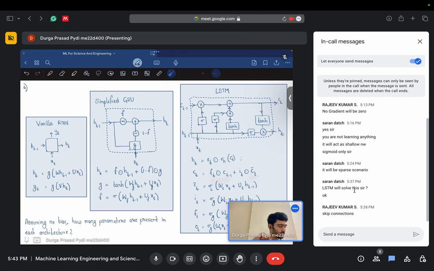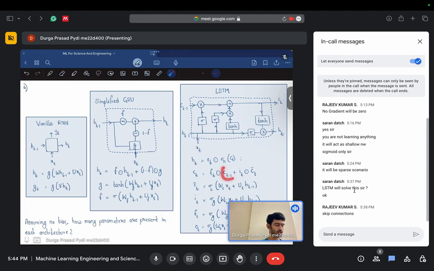If you see in a vanilla RNN, the Yt, the actual output, depends directly on your Ht. Ht will again depend on Ht minus 1, and from Ht minus 1 you have to go to Ht minus 2 and so on, and after a certain point the gradient will actually vanish. But here, Ct minus 1 is an explicitly stored value which will not vanish.